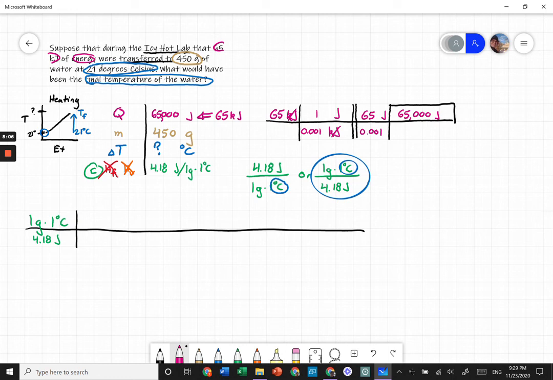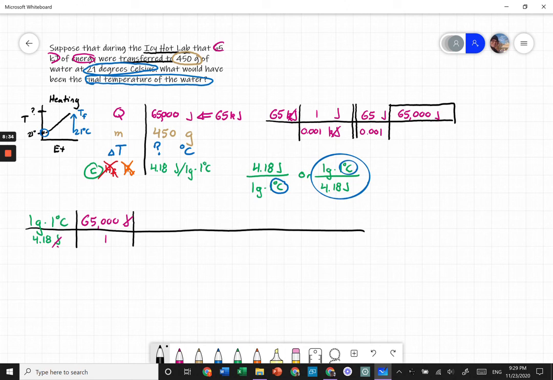Now, I want to get rid of this joule down here on the bottom, so I'm going to be putting that same unit up on top, and I'm putting out how many we have. 65,000 goes up on top, and we only have one amount of that energy, so my placeholder 1 on the bottom. Now, when I put my unit up on top, that matches the unit on the bottom, they can actually cancel out. So I'm going to cross off both J's.